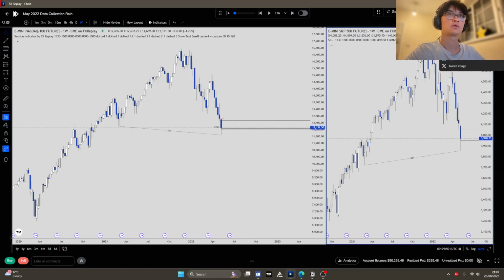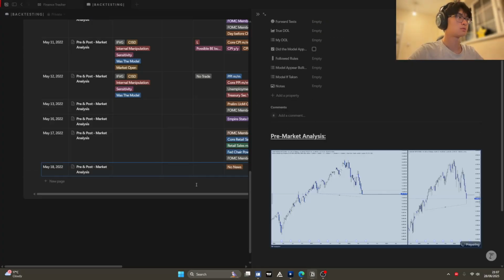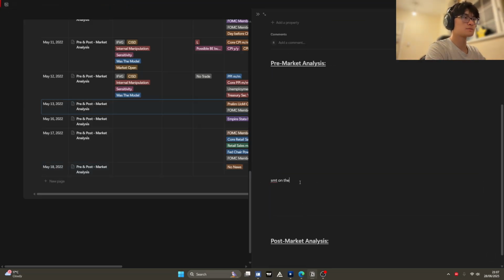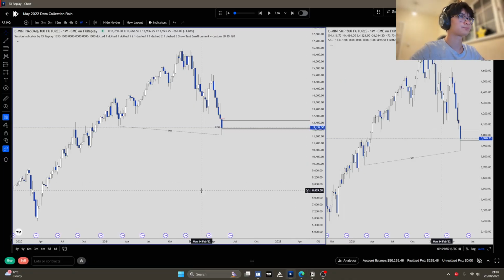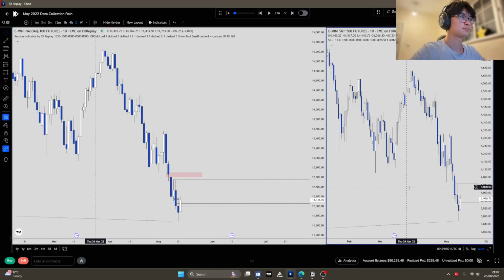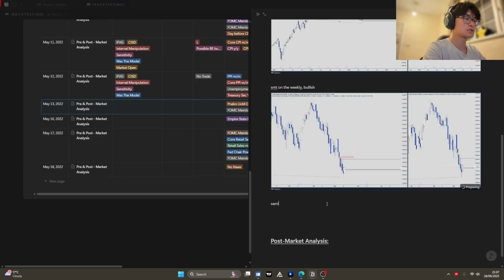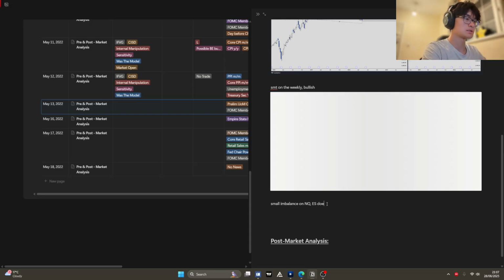So weekly. Wrong one. SMT on the weekly, bullish. Daily: small imbalance on NQ, ES doesn't provide that.